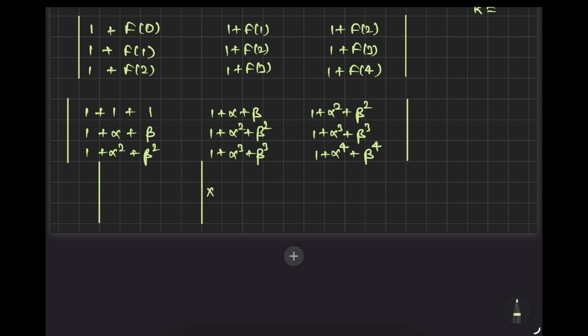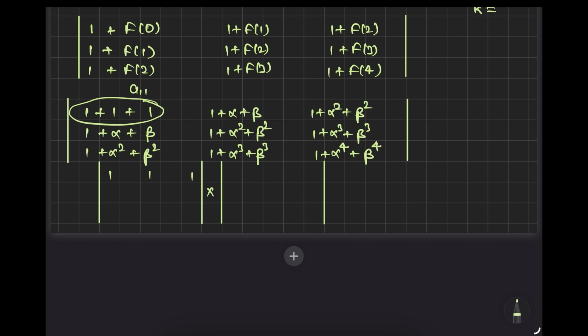How will we solve? Look here. In the first determinant you will write only numbers, not variables. So it is 1, 1, 1, it is a11. First row, first row. Can I go with 1? Just write down the coefficient, nothing else. So one coefficient is 1, one coefficient is 1, one coefficient is 1.